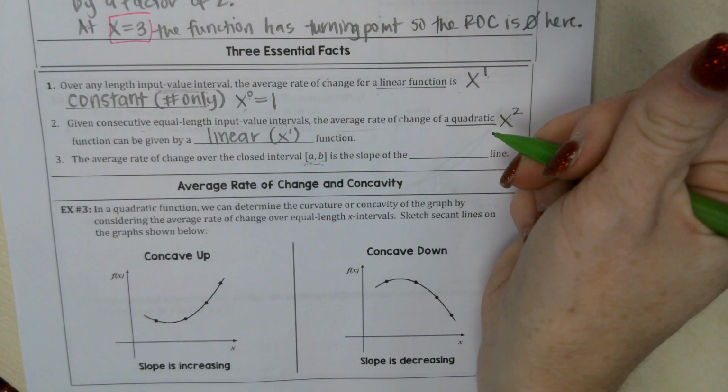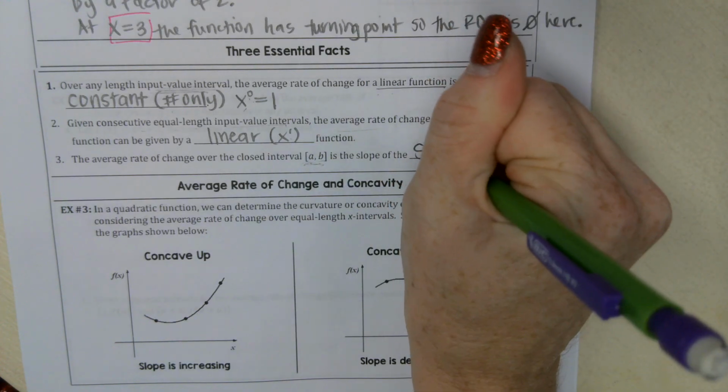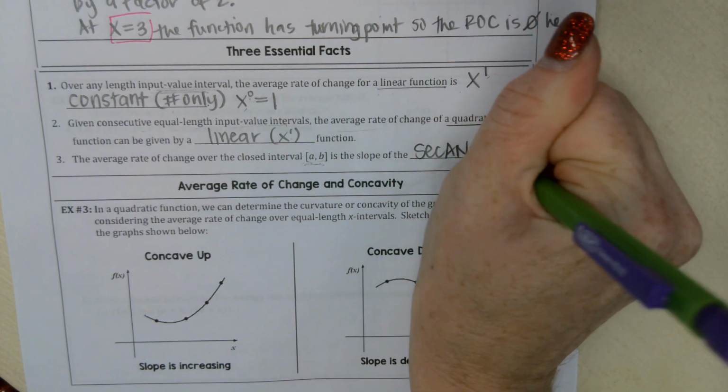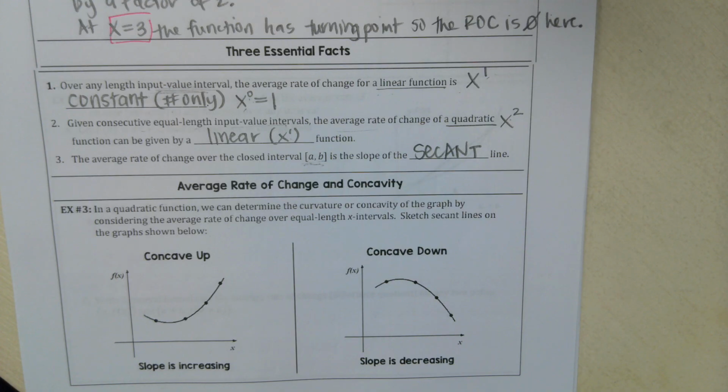This is the slope of what we call our secant line.